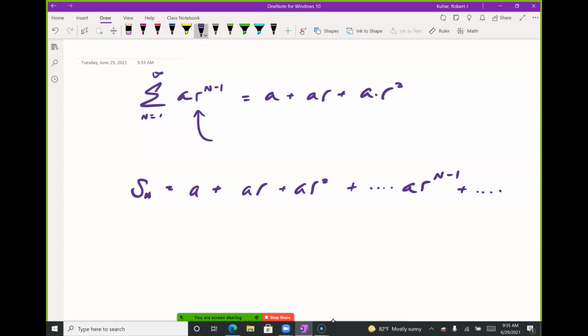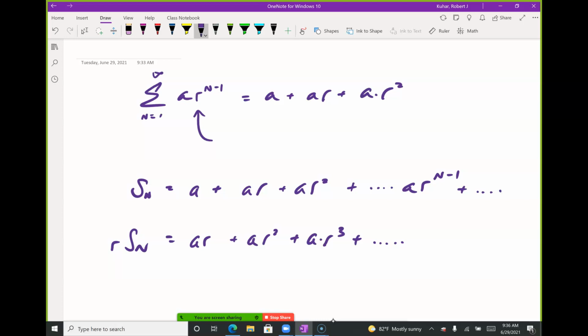But in particular, I want to go there and then multiply this by r. So I want to take that partial sum that I got and multiply by r. Now, how do I start? I start at a times r plus a times r squared, plus a times r cubed, right? And then what happens to my very last term there?